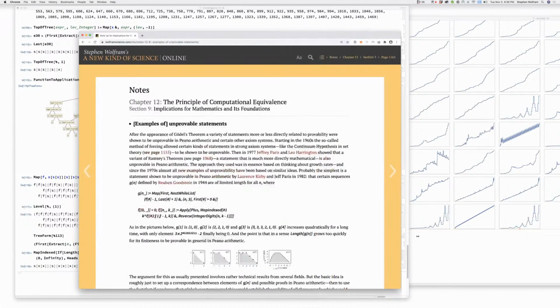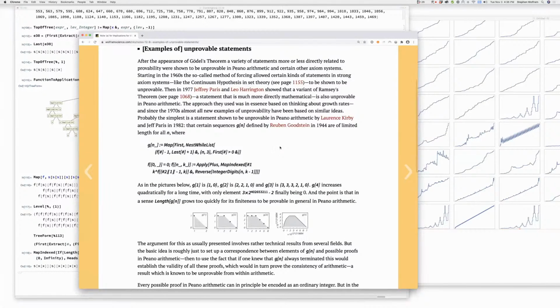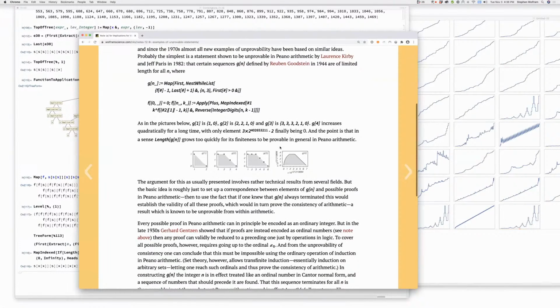So Goodstein sequences, I have to remember how this works. Goodstein was one of the very few students of Wittgenstein, as I remember correctly.